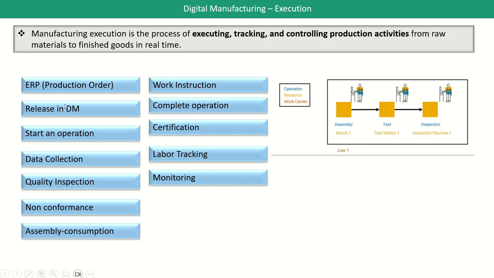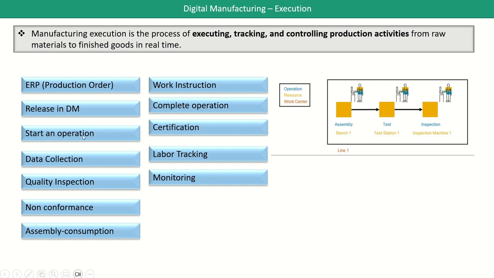After creating a production order, we have to release the production order in DM. Releasing a production order is one activity, and generally the supervisor does it. He or she releases the production order. Releasing the production order in S4HANA and releasing it in SAP DM are both different.